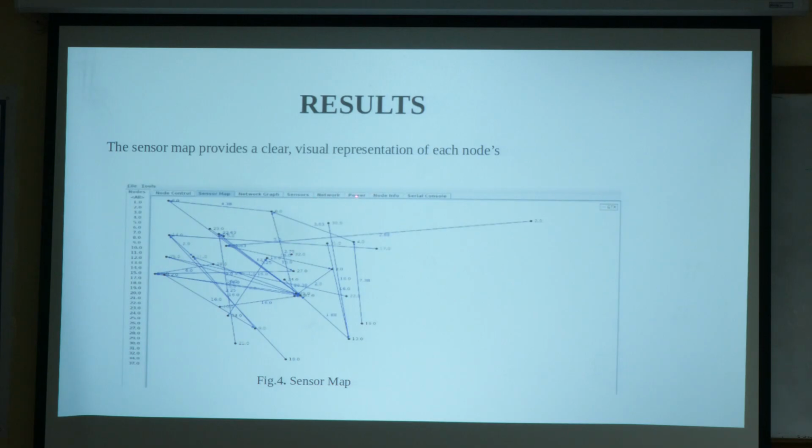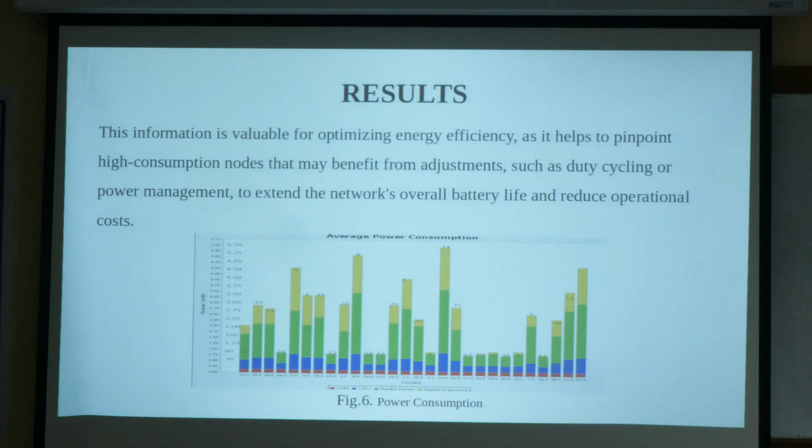And you can have the power analysis, and the console is also there where you can monitor everything. So this tells you the power consumption in the network. The green one is LPM, the blue one is CPU, and this is radio, and this is radio transmit. The yellow one will tell you how much power is used in the radio transmission.